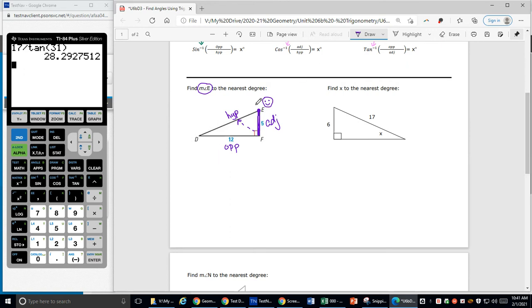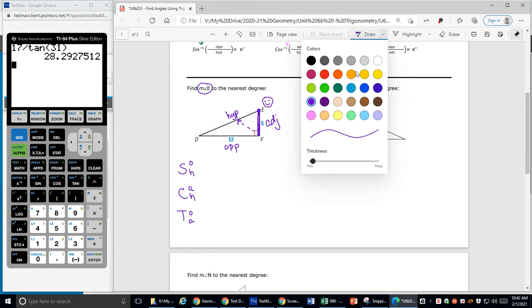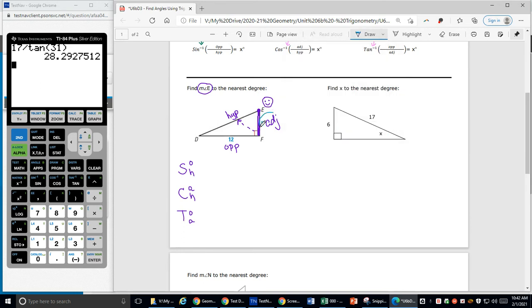Now I need to figure out which trig function out of sine (SOH), cosine (CAH), tangent (TOA) I want to use. So just like last time, I said, well, let me circle the side that I know, but I have two sides that I know. I know the adjacent is 5, and I know the opposite is 12.